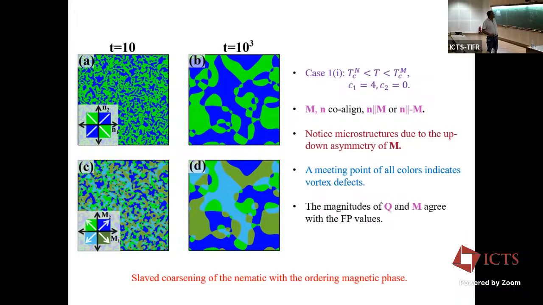Okay. So if you look at this evolution, this is the free evolution of the magnetic field. Points where 4 colors meet is a point of a vortex or an anti-vortex. Okay. As in the ferromagnet, the coarsening was driven by random walking interfaces. In this case, the coarsening is driven by random walking vortices.